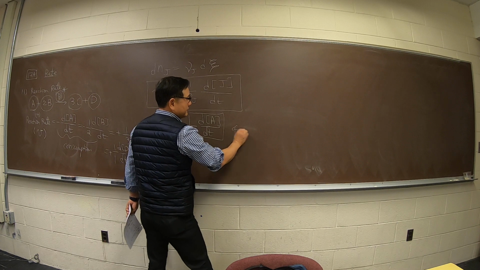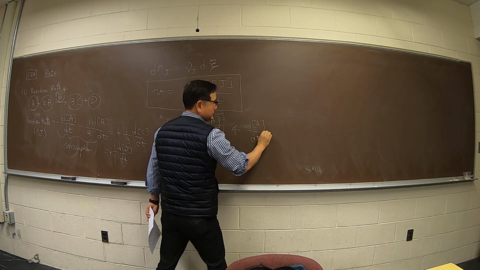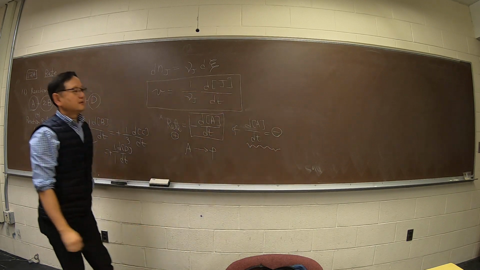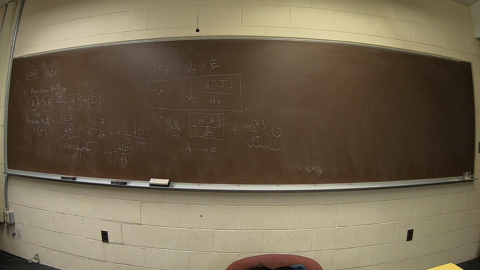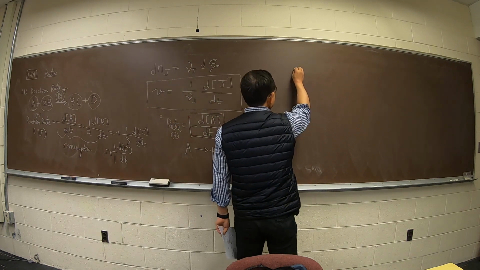So remember, sometimes we write this one for this. This one is a negative number, right? Remember that. So that's the one that's decreasing, and we need a negative sign to change it. And the rate law.